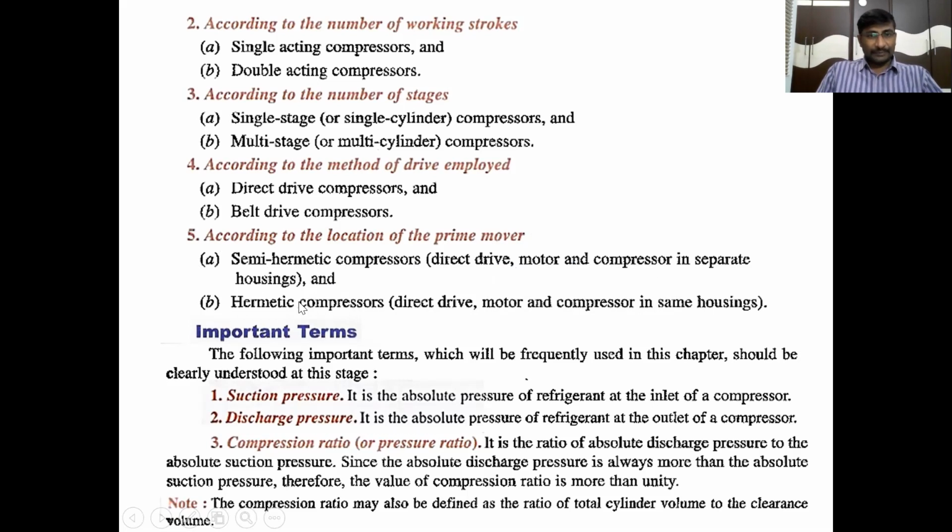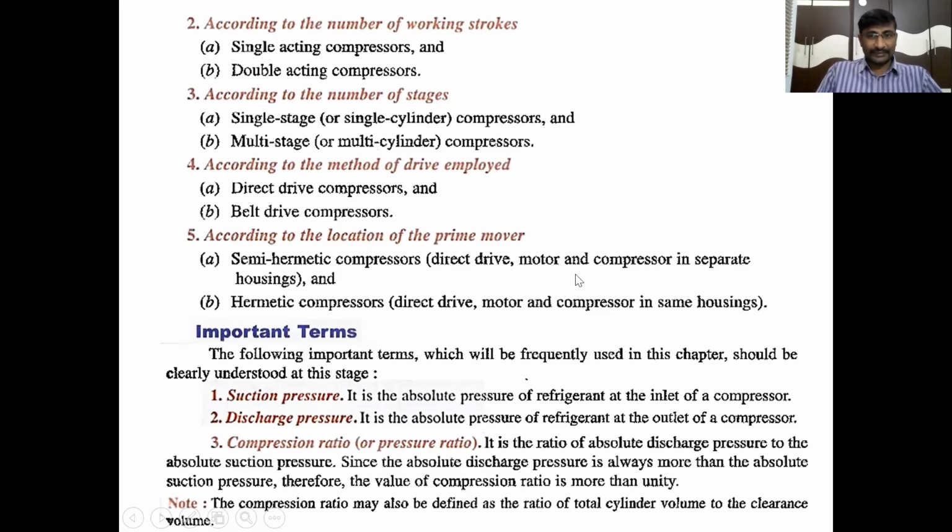And hermetic sealed compressors, this is the hermetic compressor or hermetically sealed compressor. In domestic refrigerators or domestic air conditioners, these types of compressors are used. In hermetic sealed compressors, the motor and compressor are in the same housing, that is, they are located at the same place, and the compressor is run by the motor.